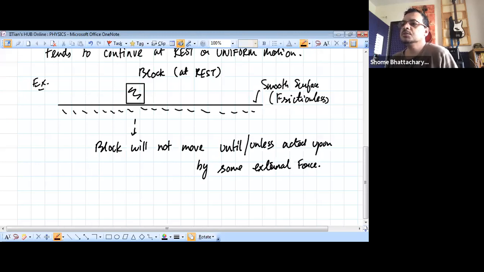Something external has to come and give it a push or a pull. Only in that situation will it have a tendency to move. Either something pushes it like this, or something pulls it like this.